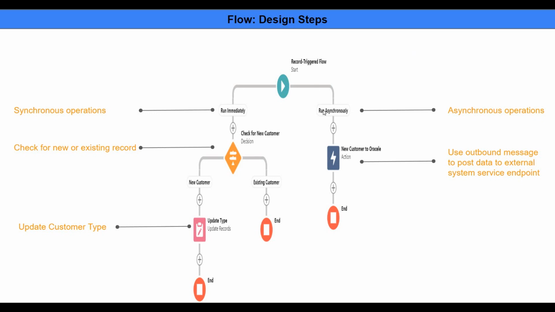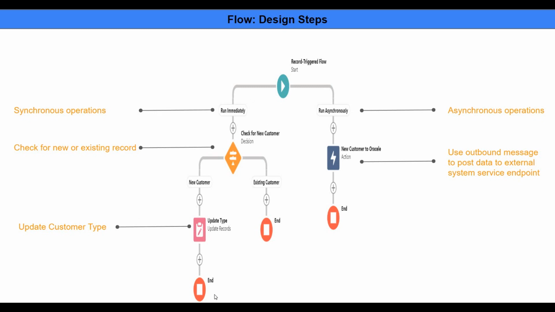So we have to branch this out into two different tracks. One is run immediately, the other one is run asynchronously. So when a new customer is created, we will check whether it is a new customer or an existing customer, and if it's a new customer, we will just update the customer type as prospect.